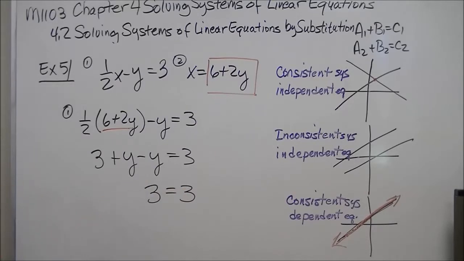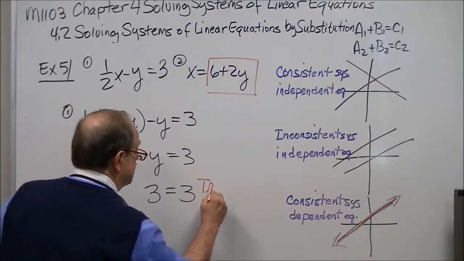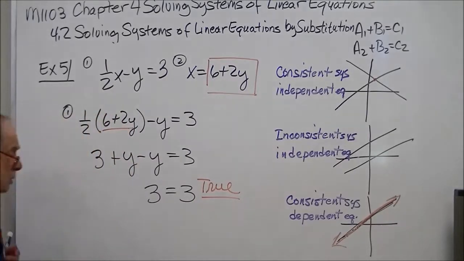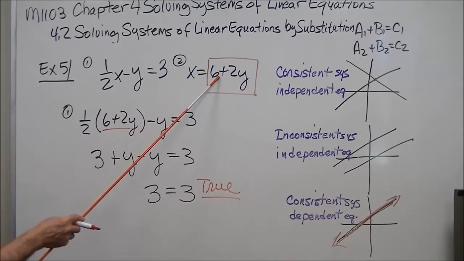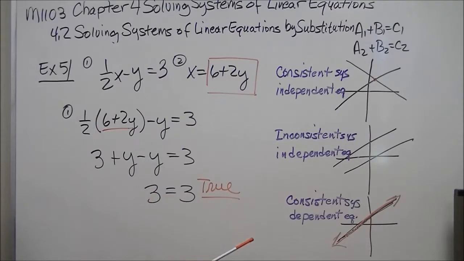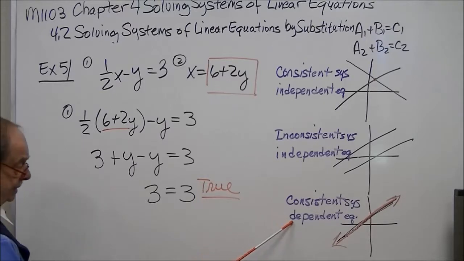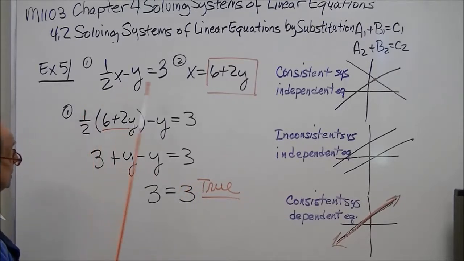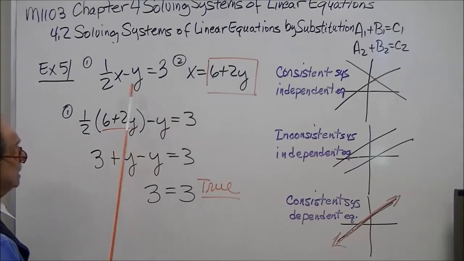Now, is that a true statement? And you'll say, yes, 3 does equal 3. When you are doing this by substitution, or by the next method, elimination, which we're going to do in topic 3, and you end up with a true statement, the variables cancel out, then you have the unique case of this here, where they're actually the same equation, but they didn't look like it, did they?